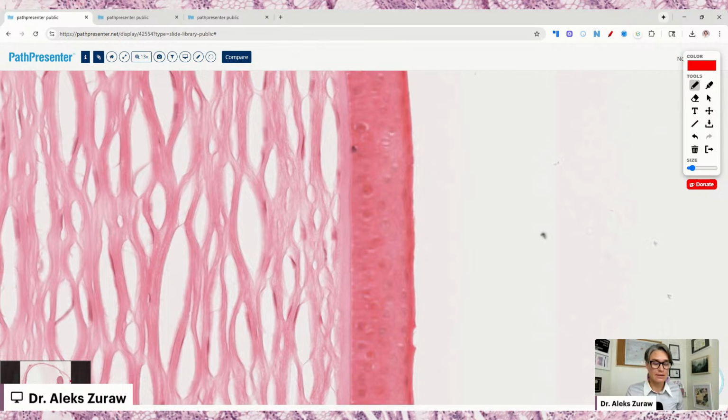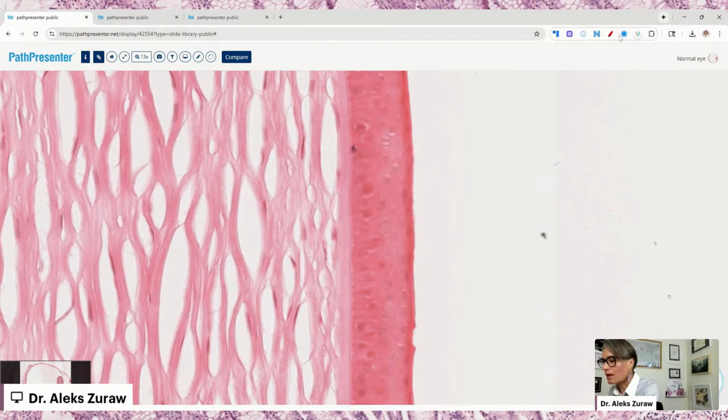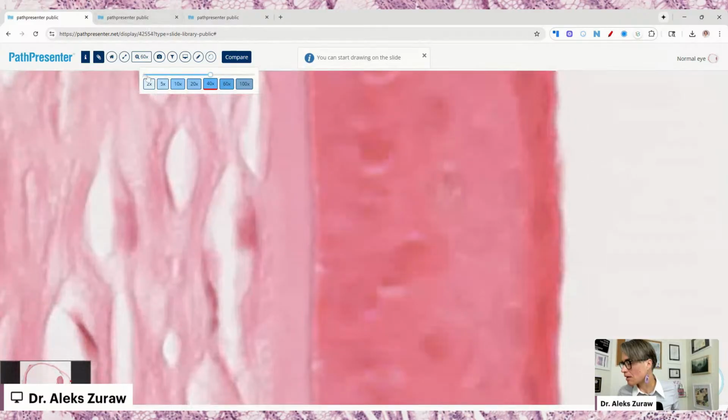This is stratified squamous epithelium, a squamous barrier, and every epithelium is lying on a membrane. It's not that well visible, but can we go even higher?